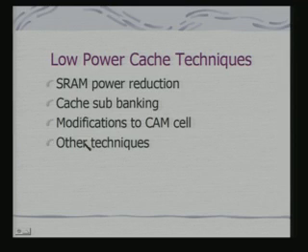CAM is content addressable memory, which in many cases is used to implement translation lookaside buffers. So, we can modify the design of the CAM cell to reduce the energy, because that is frequently accessed. There are various other techniques which we shall not discuss in this class that are also used to optimize the power consumption of cache.